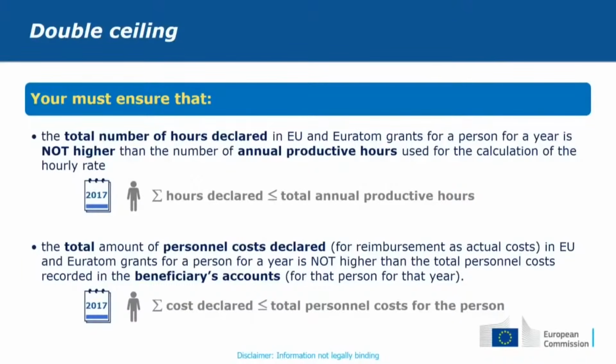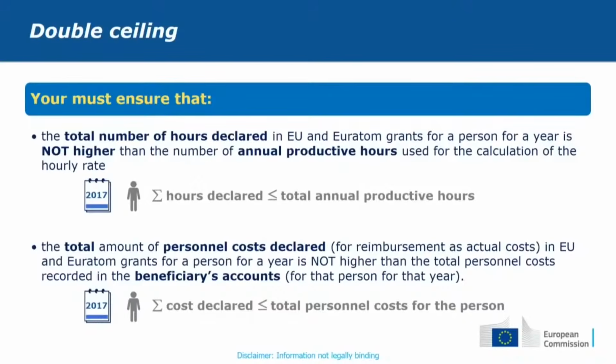The first side of the ceiling is that you can never declare in a year, in total, in all EU grants together, more hours than the number of hours that you have used to calculate the hourly rate, so the number of the annual productive hours. So if I took option 1, 1720, and I calculated my hourly rate based on the 1720 hours, I can never declare in EU grants in a year, in total, for that person, more than 1720.